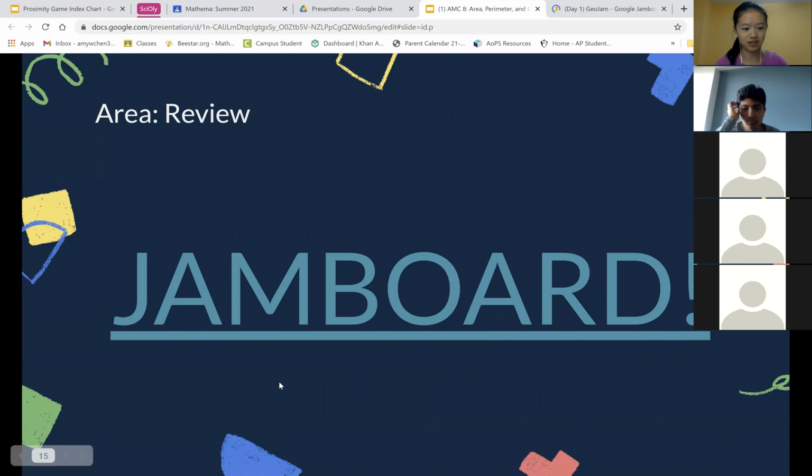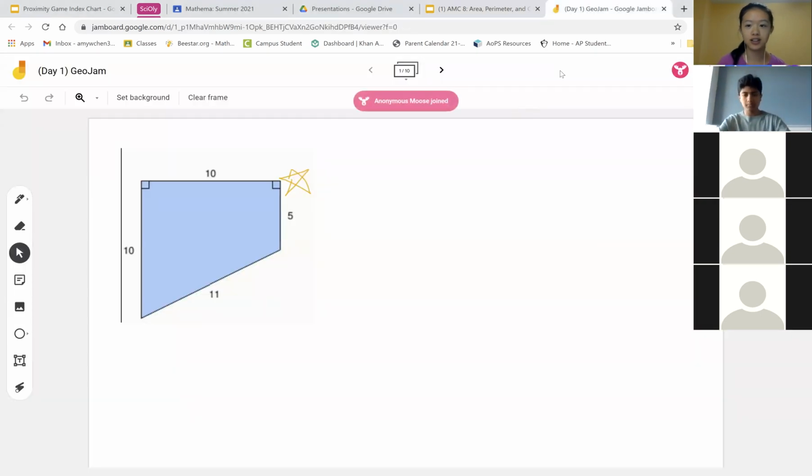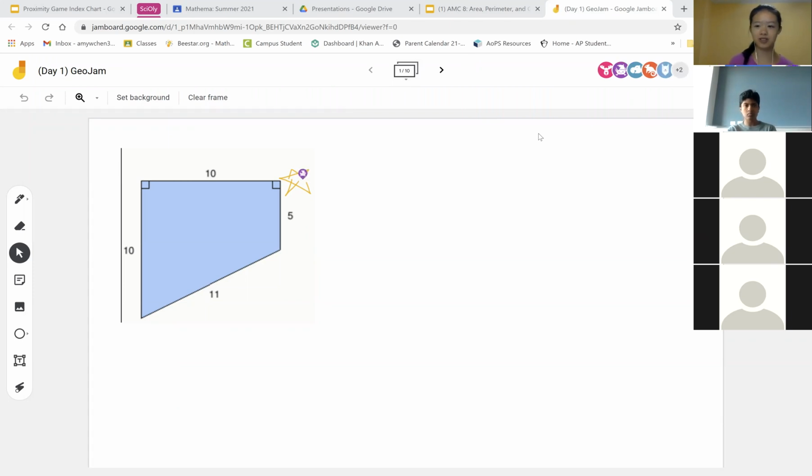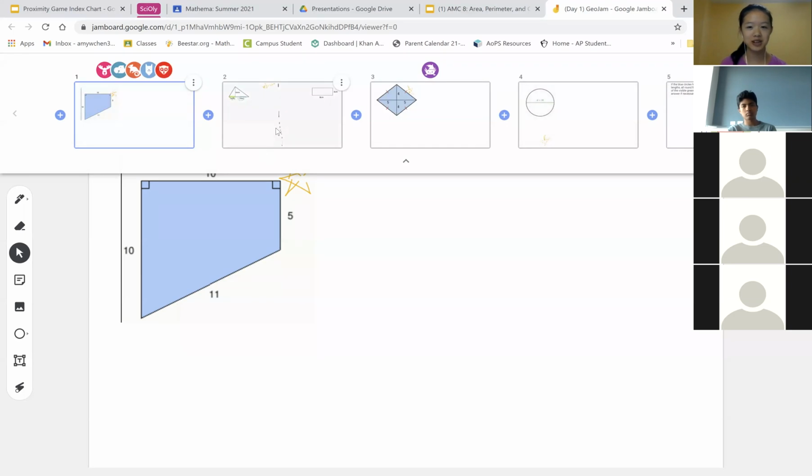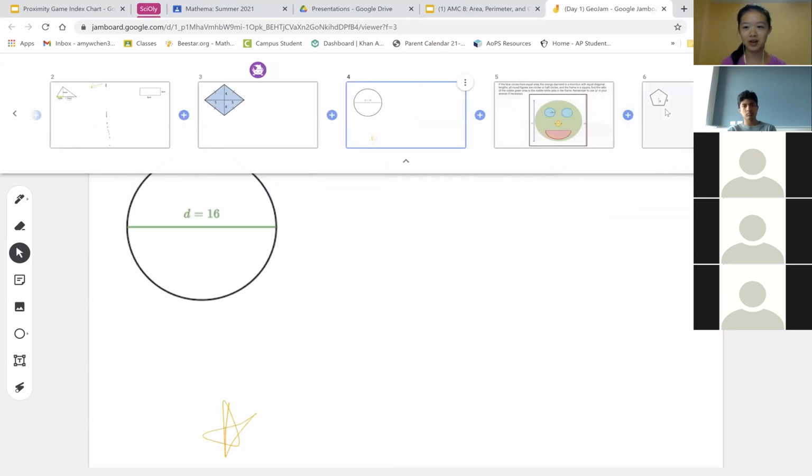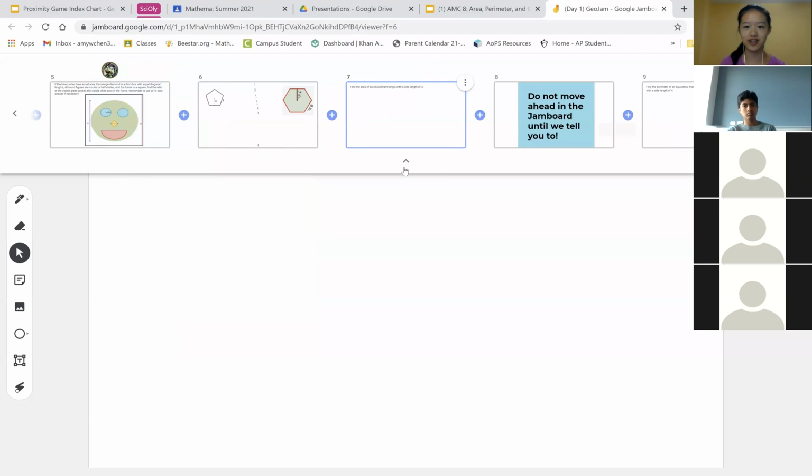I think we can just do the Jamboard now. So here you go, everyone. That's the Jamboard. Okay, Rashad, do you want to go through one at a time, or do you just want to let everyone loose? Let everyone loose. All right, so everyone, just spend a couple of minutes doing slides 1 through 7.